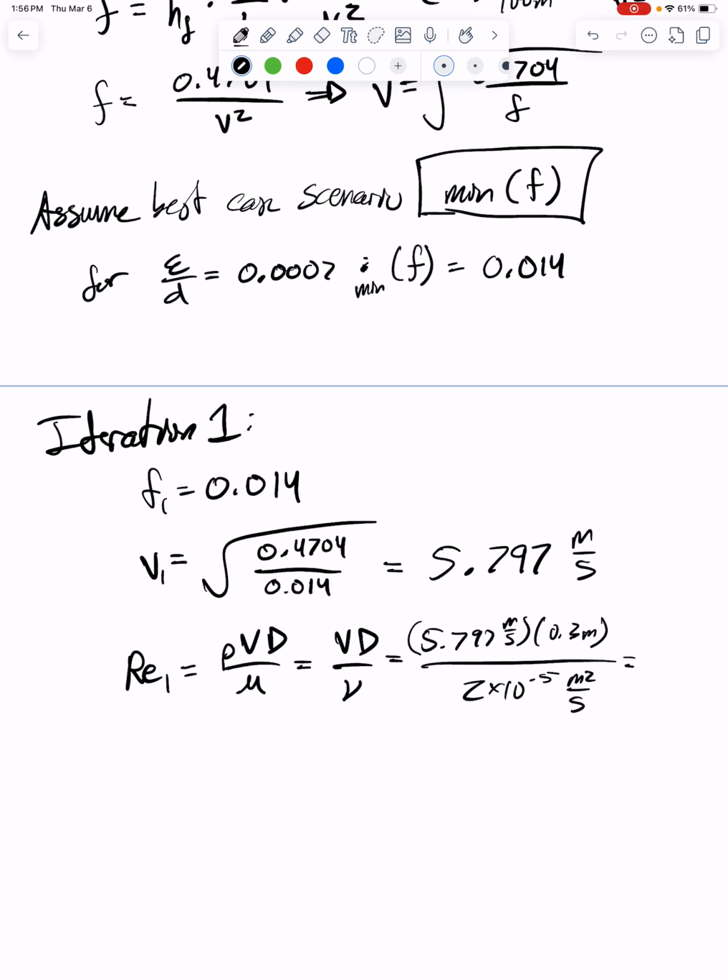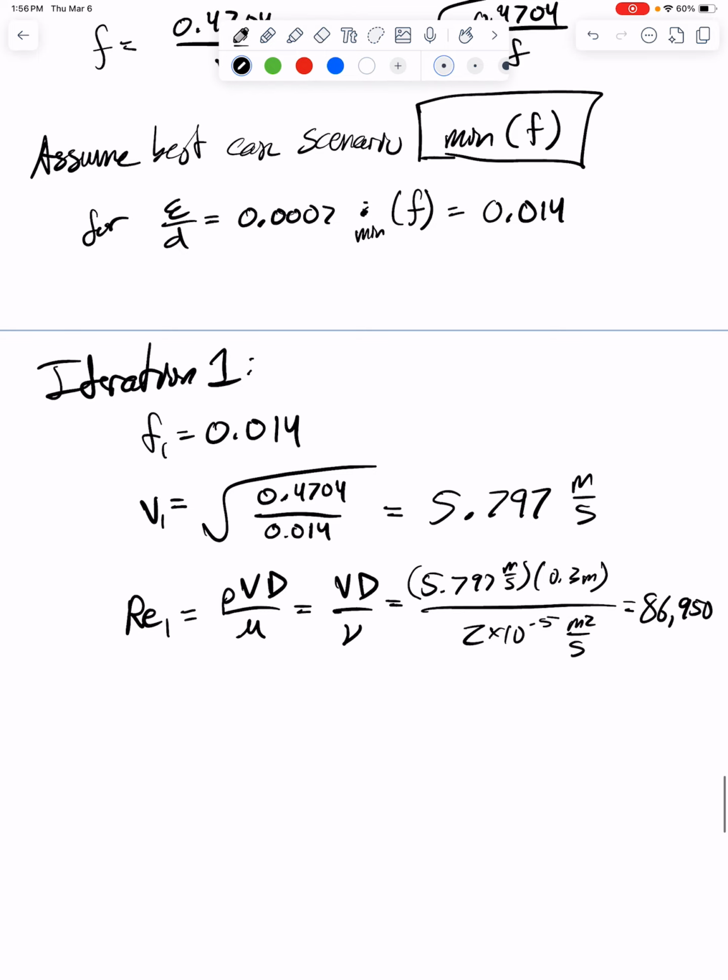So that's my Reynolds number. I plugged in everything. I get a Reynolds number of 86,950. That's my Reynolds number. Okay?